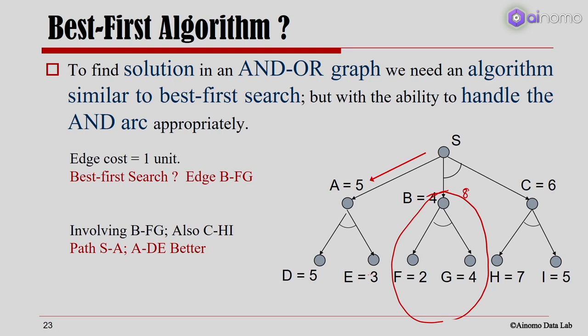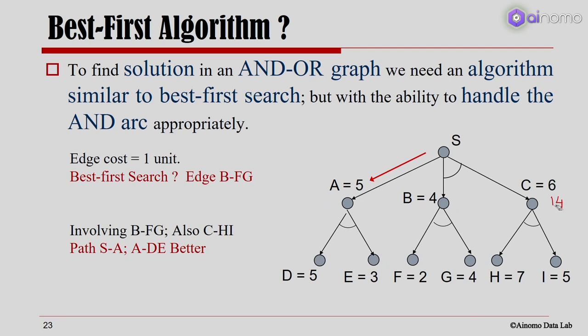This would be 5 plus 3, 8 plus 2, 10. Whereas this one here would be 7 plus 5, 12 plus 2, 14. So, possibly this is the best. But the question is, is it true?